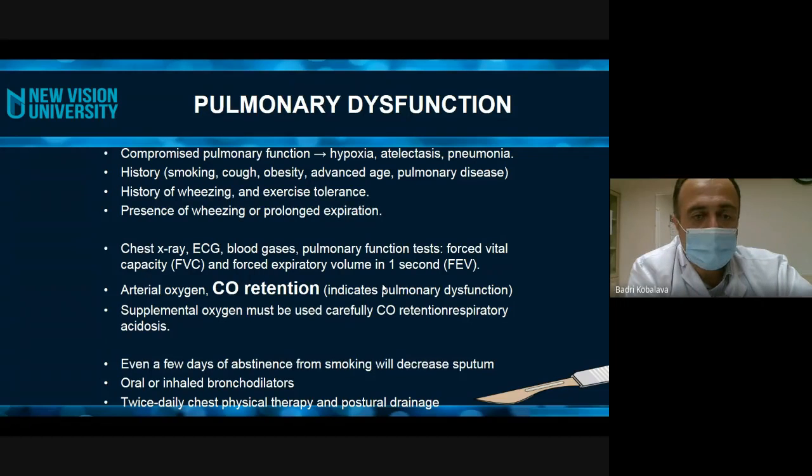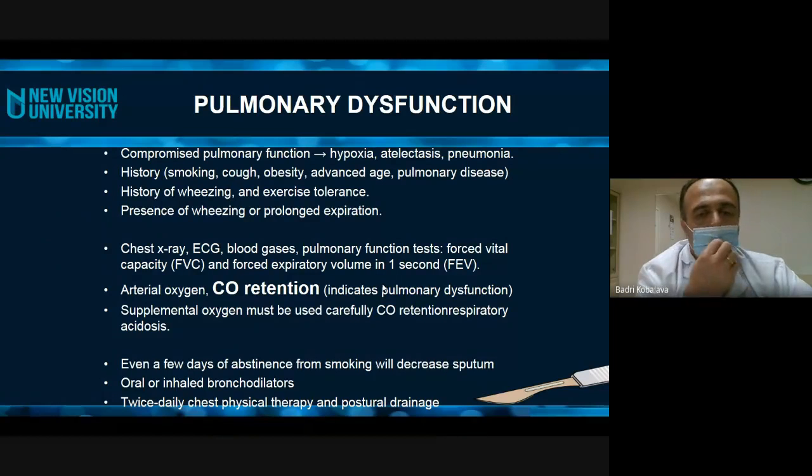So we must estimate if the patient has compromised pulmonary function and somehow compensate for it to decrease the operative risk. First discover the risk, then decrease the risk.